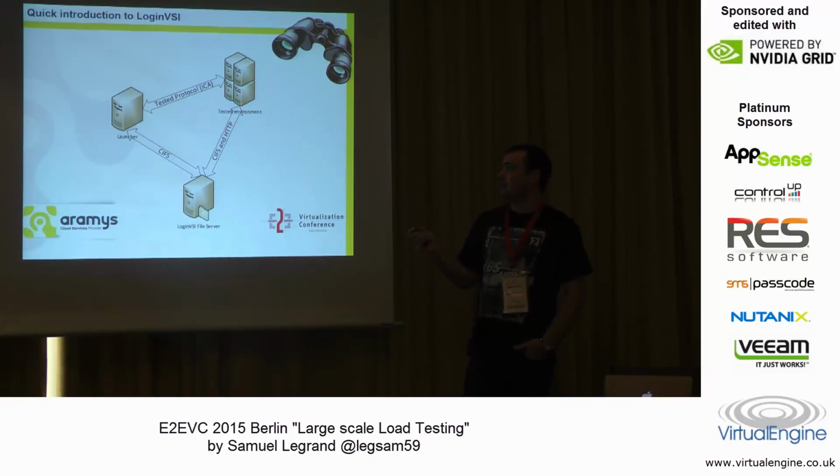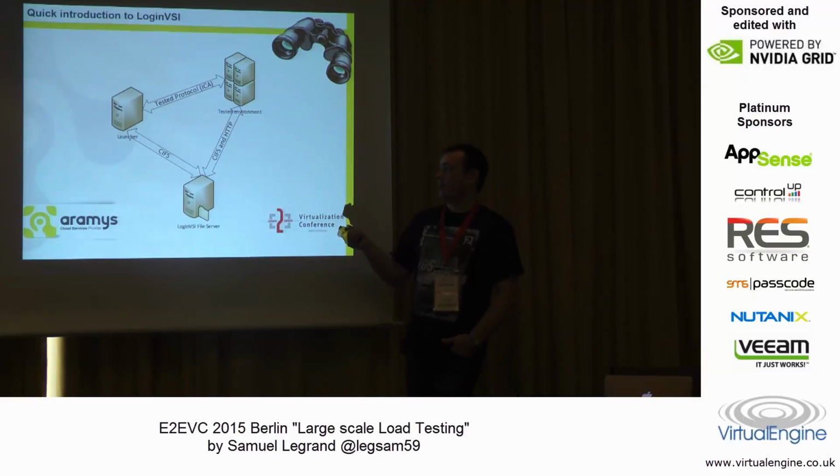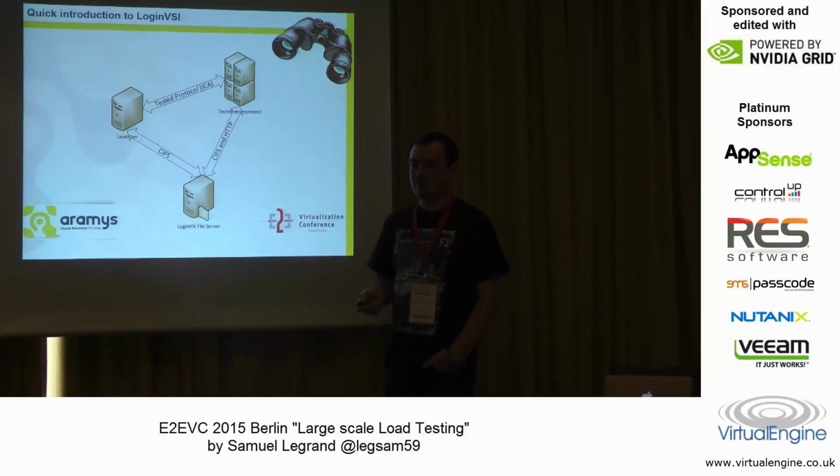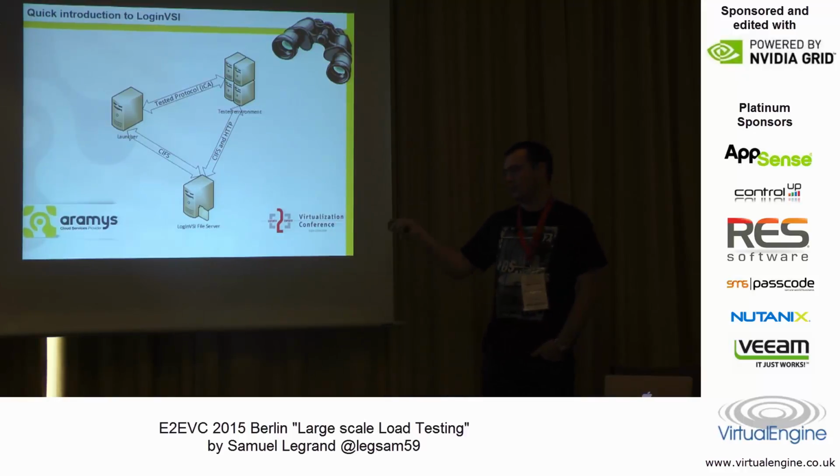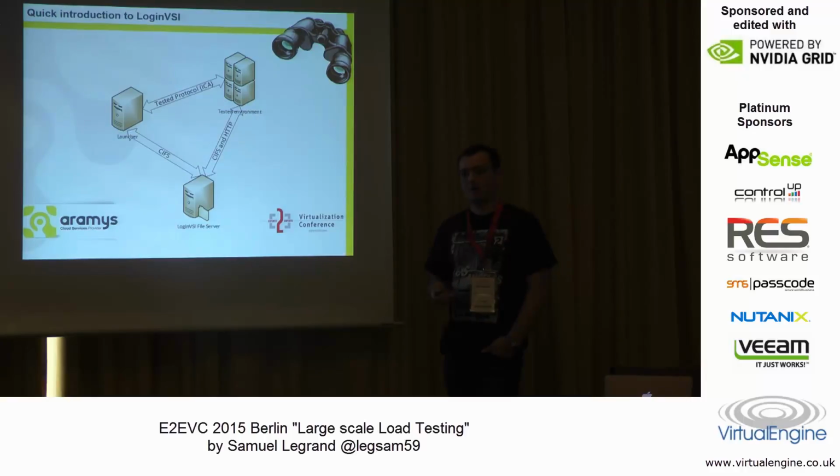And finally, you have the testing environment, which talks with the launcher with a remoting protocol, here ICA. And it's also talking with the file server in order to get the login scripts from Login VSI and some websites that are stored on the Login VSI file server. So on this one you have a share and a web server, an IIS for example.